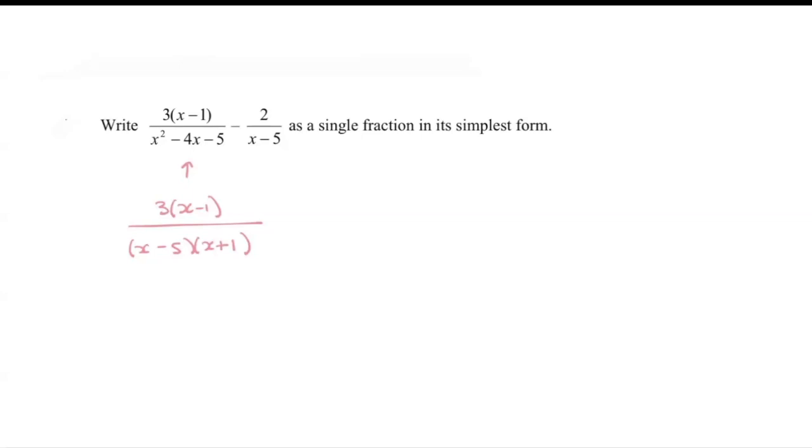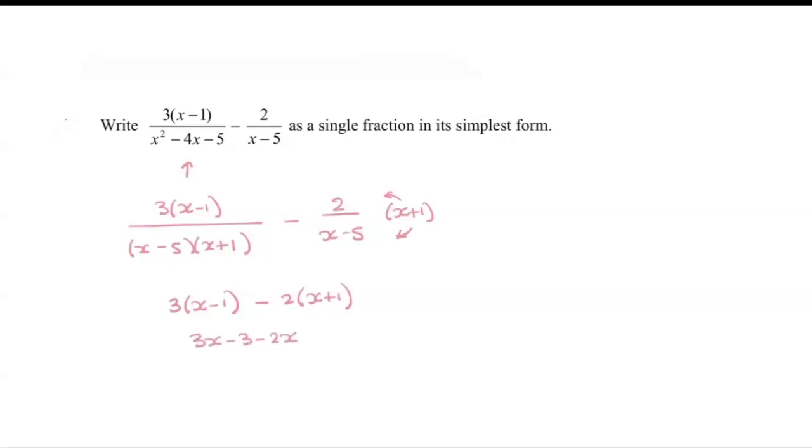However, I do have x minus 5, which is perfect because that's part of the denominator in the second, which means I only have to multiply the second fraction by x plus 1 to get the denominators the same. So I've got 3x minus 1, all bracketed, of course, on the top of the first one, and then I will have minus 2x plus 1 in brackets on the numerator of the second.